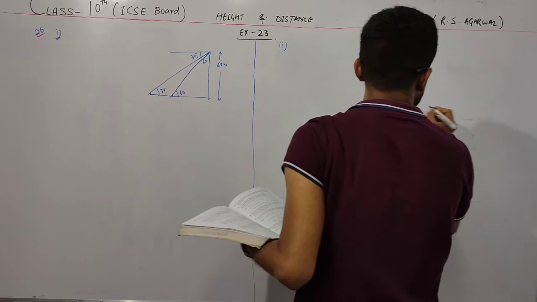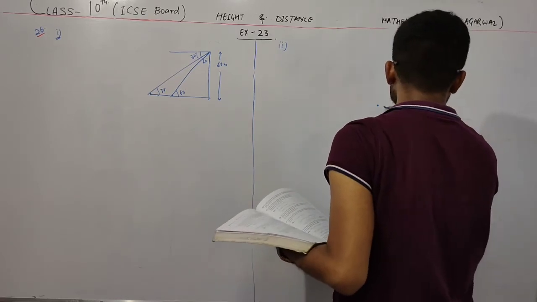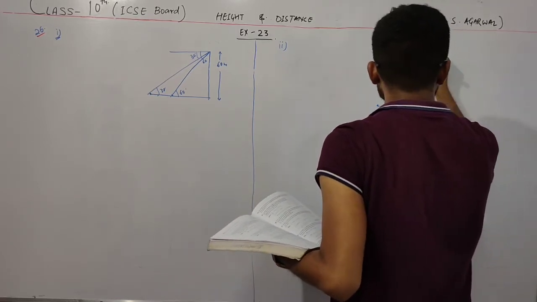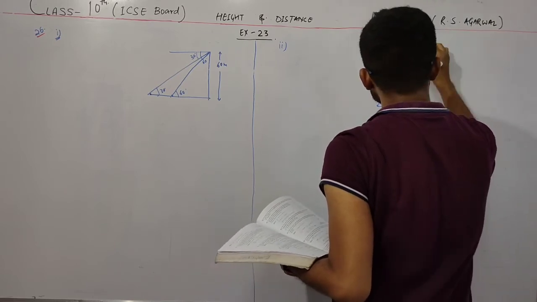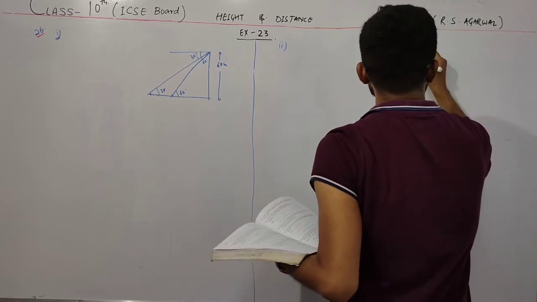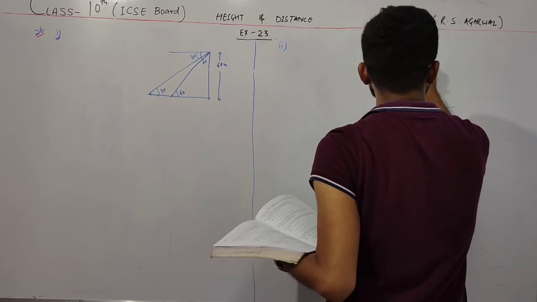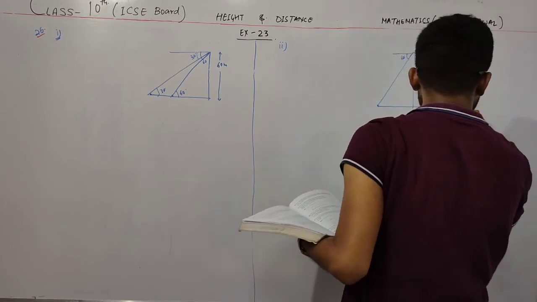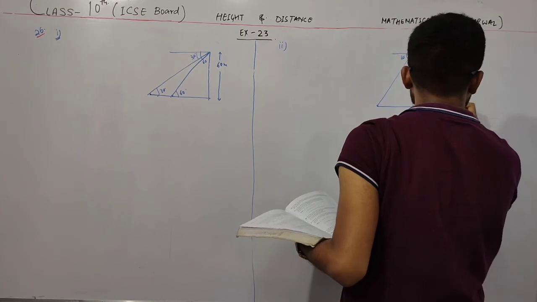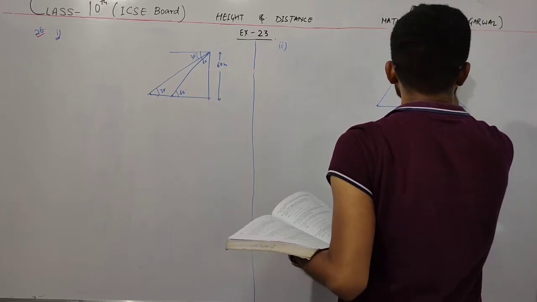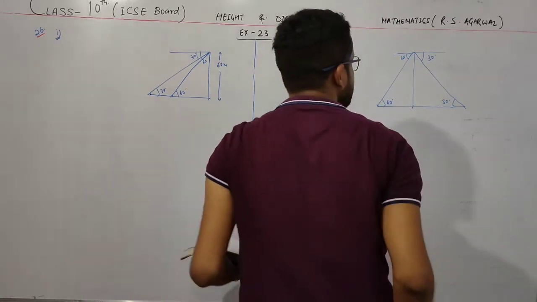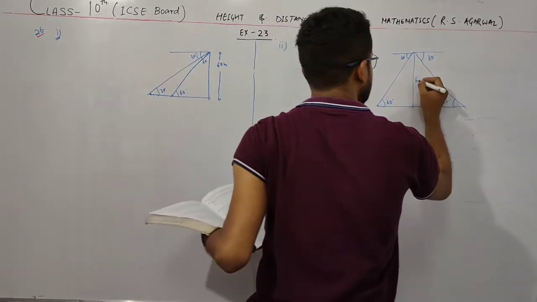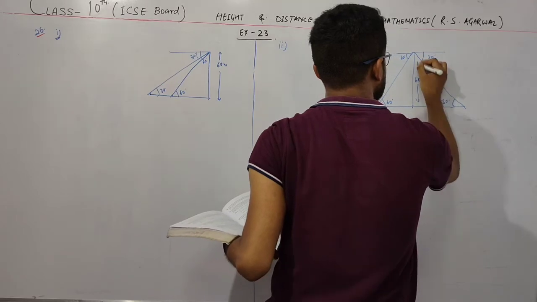Here one boat is at this side and the other boat is at this side, and the angle of depression is given. This is 60 degree and this is 30 degree. If this is 30, then this is 30. If this is 60, then this is 60. Okay, and this height is given 60 meter.